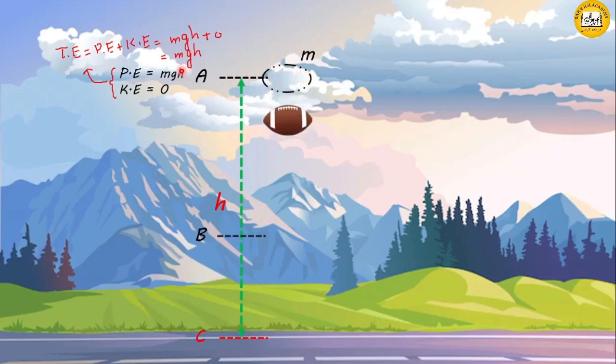We can see that the body has started losing its height and gaining motion. Let us calculate potential energy and kinetic energy at position B when the body has fallen through a distance x, ignoring air friction. At position B, the remaining height of the body from the ground will become h minus x.